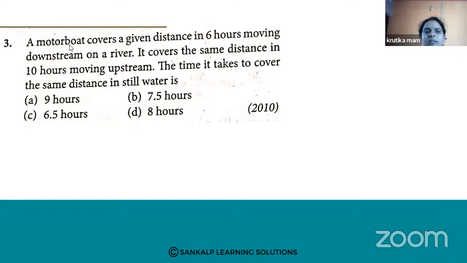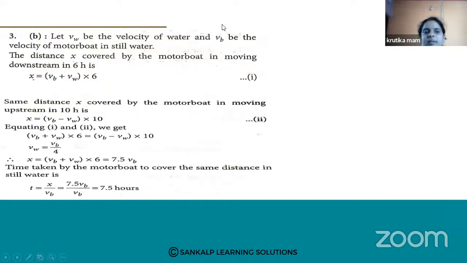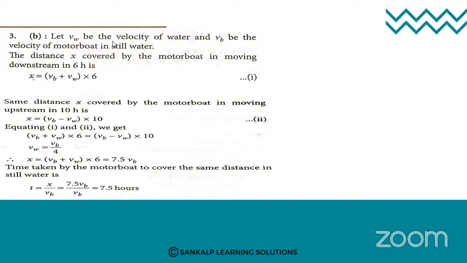So see here, suppose VW is the velocity of the water, VB is the velocity of the motor boat in still water, that is, at rest. Okay, the distance x covered by the motor boat in moving downstream in 6 hours is given by distance is equal to velocity into time.